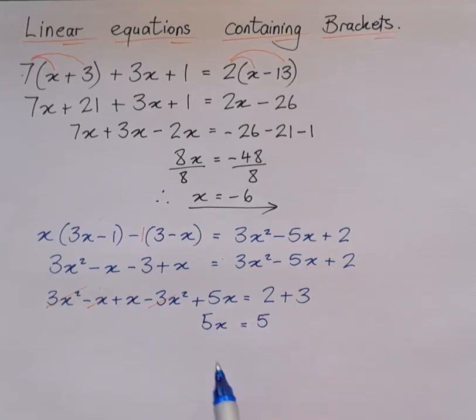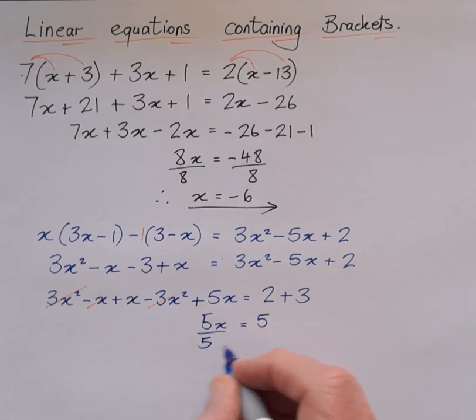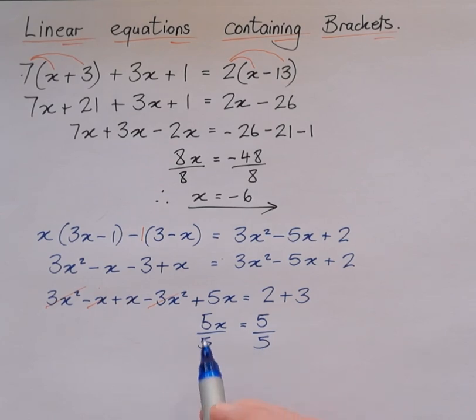Well, by inspection, I can straight away say 5 times what will give me 5? The answer would be 1. But going through the steps, and you've also probably reached the stage where you don't actually need to write this down, you're just doing it in your head. You're saying 5 divided by 5 is 1, so I'm left with x, and 5 divided by 5 is 1.